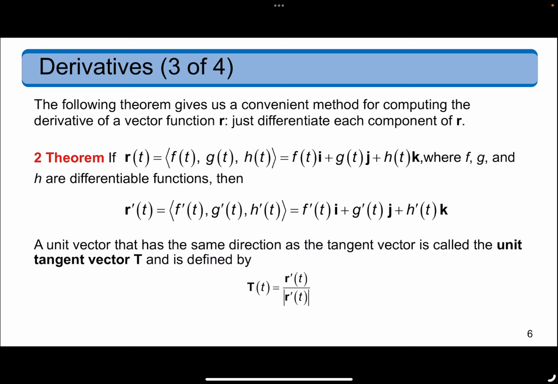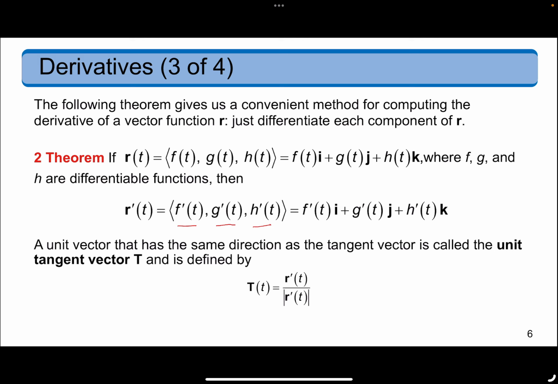If r of t is composed of f of t, g of t, and h of t, so we have f of t i, g of t j, and h of t k, where f, g, and h are differentiable functions, then r prime of t would just be the derivative of f of t, which is f prime of t, the derivative of g of t, which is g prime of t, and the derivative of h of t, which is h prime of t. So we will be having f prime of t i, g prime of t j, plus h prime of t k.